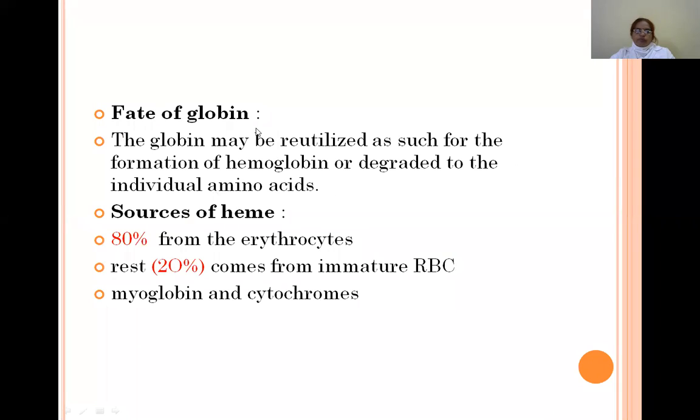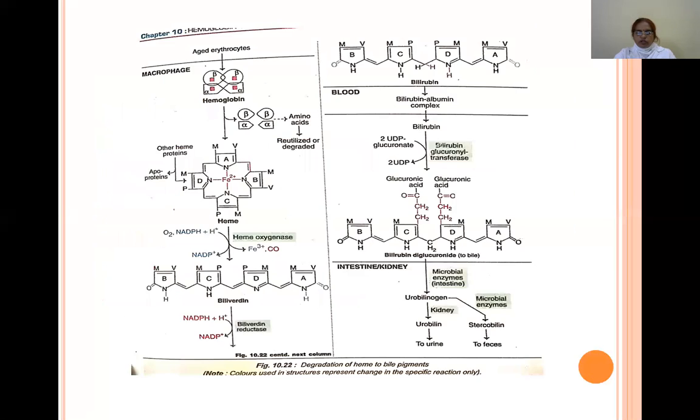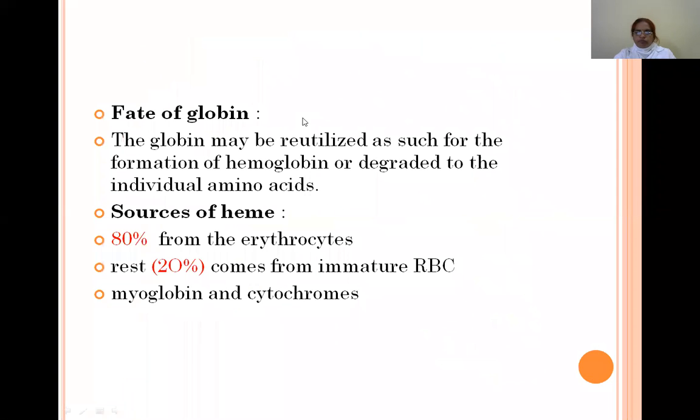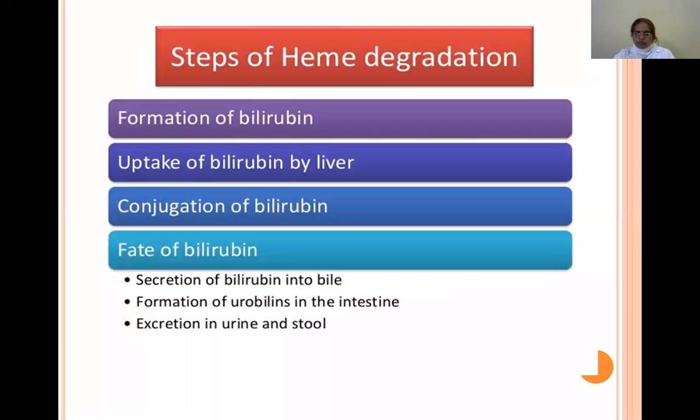The globin may be reutilized as such for the formation of hemoglobin or degraded to individual amino acids. As for the source of heme, 80% comes from the erythrocytes, and the remaining 20% comes from immature RBCs.